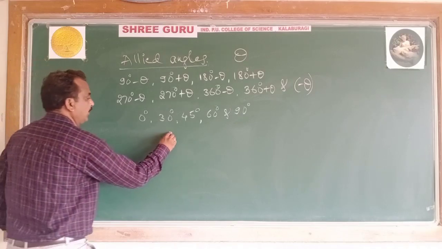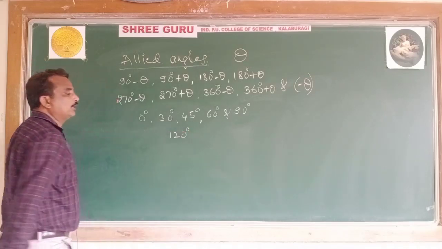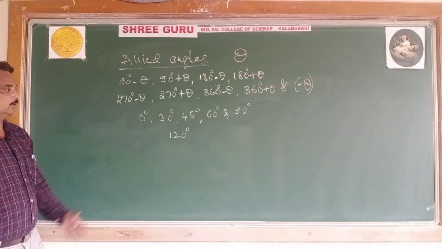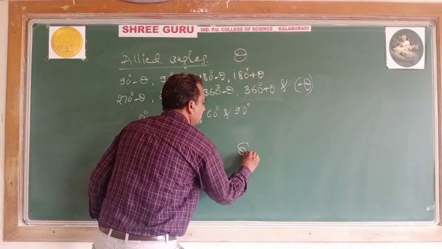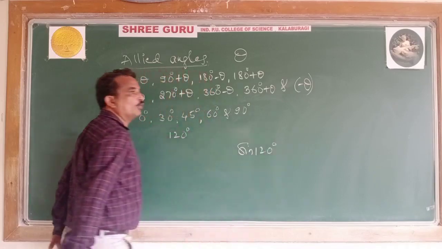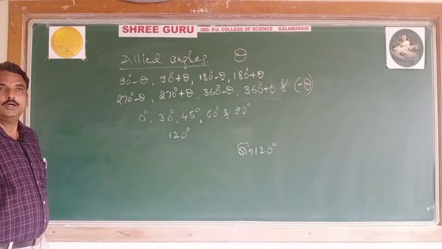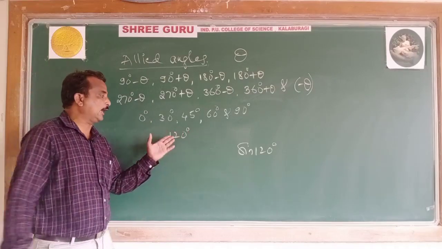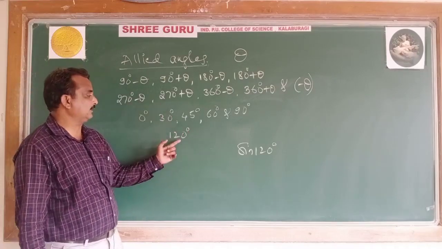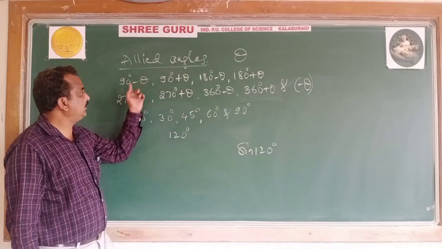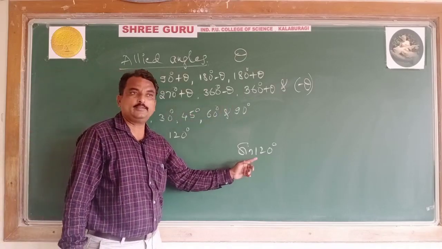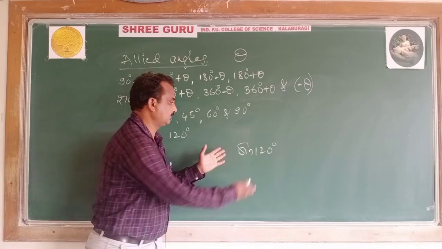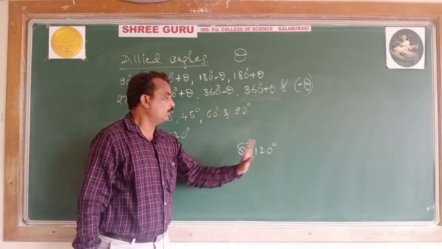But suppose you have to calculate the value of, for example, sine 120 degree. At that time, using the allied angles, you have to calculate such angle values, either sine or tan or cot, whatever it may be.